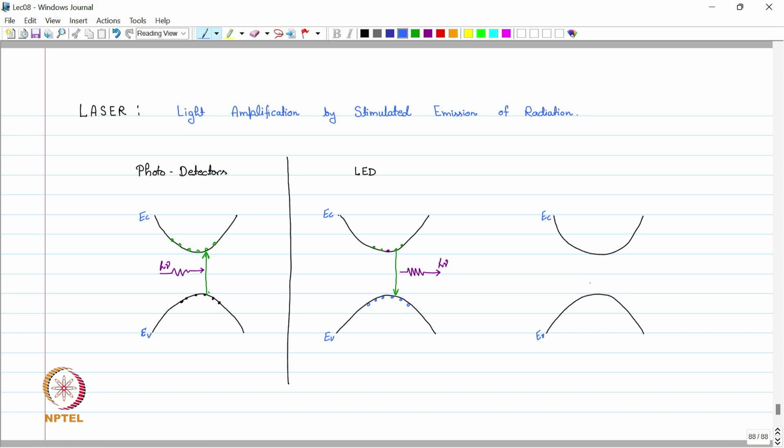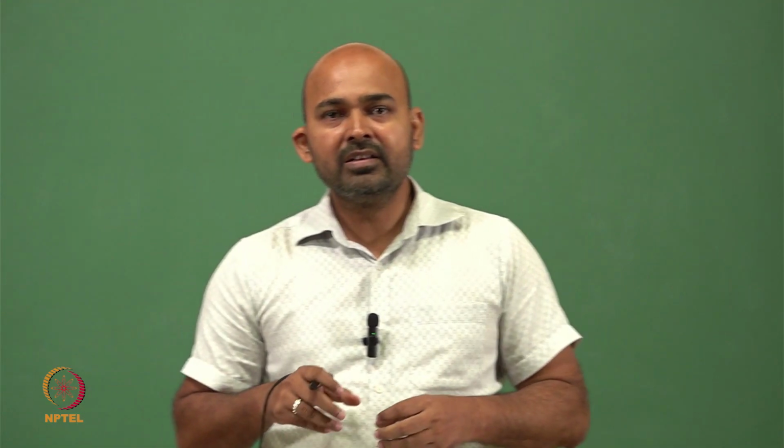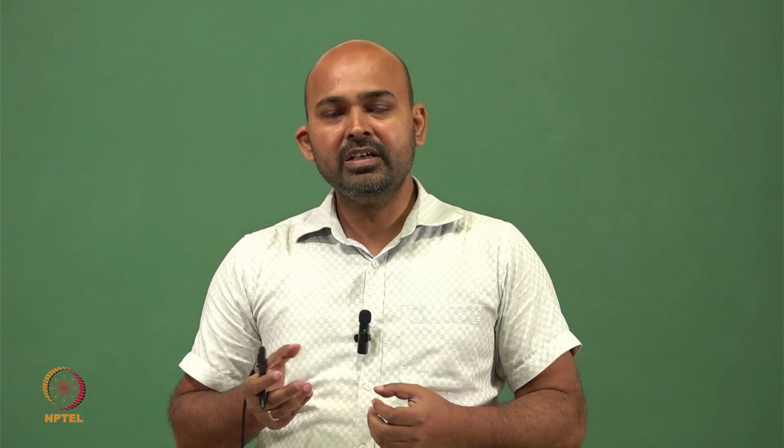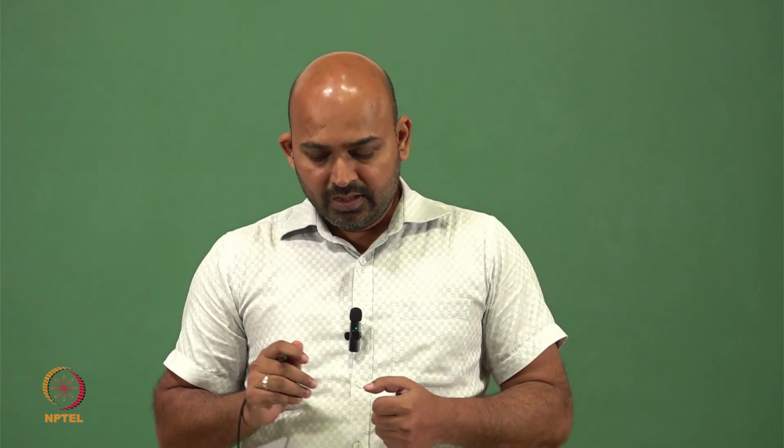In a laser we have so many electrons available here to jump down. The primary requirement here is that we have so many electrons ready to jump from conduction to valence band. When they jump, they lose energy in terms of a photon.